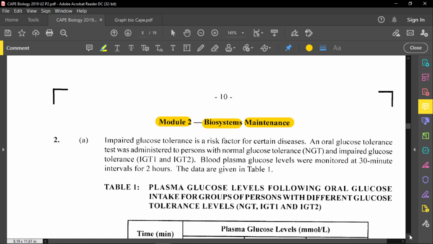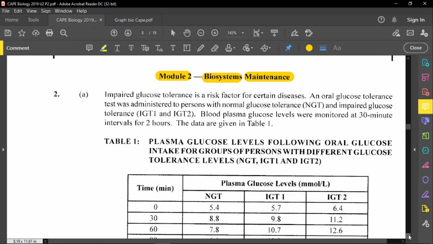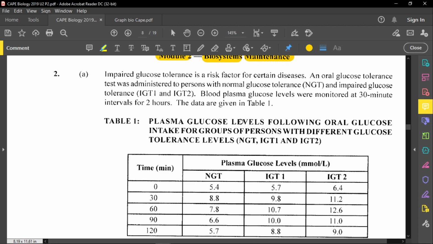And so Table 1 represents plasma glucose levels following oral glucose intake for groups of persons with different glucose tolerance levels. NGT, which is normal glucose tolerance, and IGT1 and IGT2, which are impaired glucose tolerance.